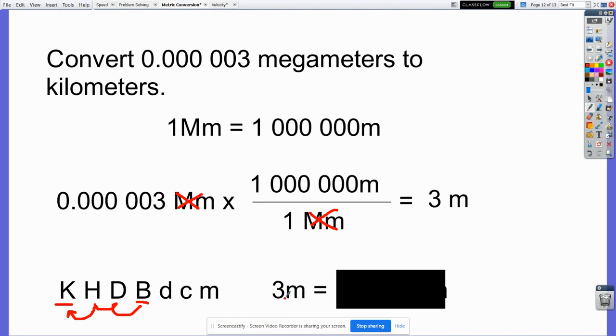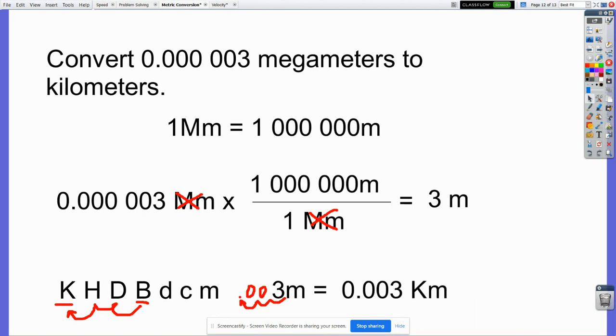So I take the decimal point and I move it 1, 2, 3 places to the left. Just remember, if there's no decimal point in your number, it's always at the end. I'm left with these 2 empty place values that I have to fill with zeros. So my answer, 0.003 kilometers.